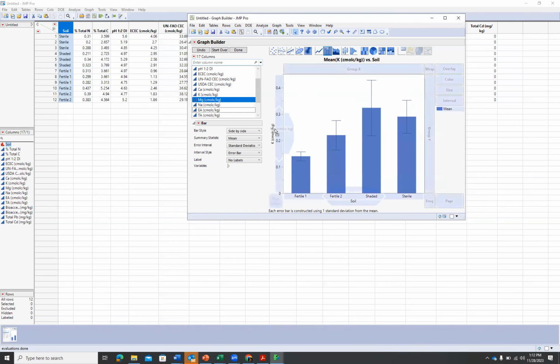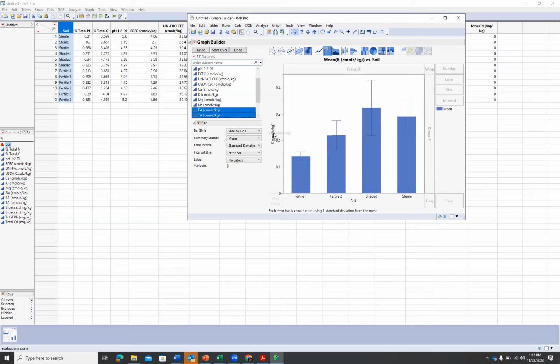And what about magnesium? Magnesium also is lower, but fertile 2 and shaded and fertile 2 and sterile are pretty similar. So far, ECEC and the quantity of calcium are potential indicators of differences in soil types as identified by the grower.